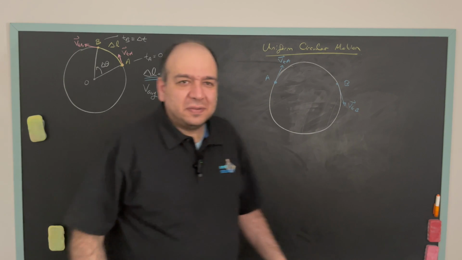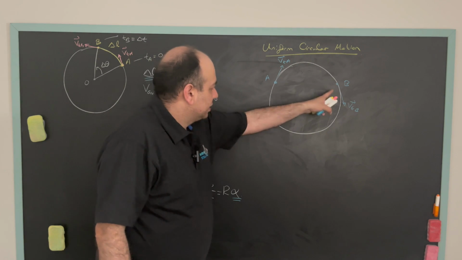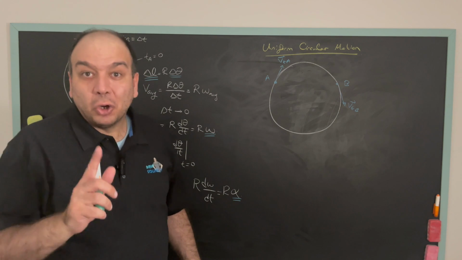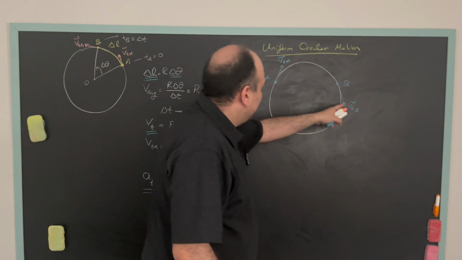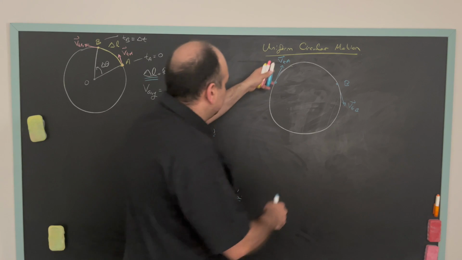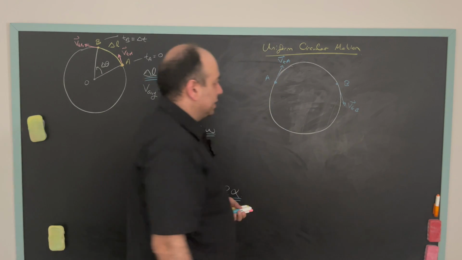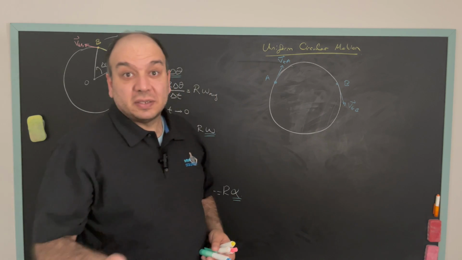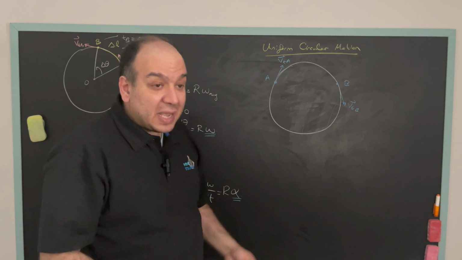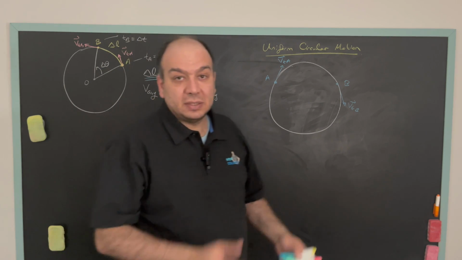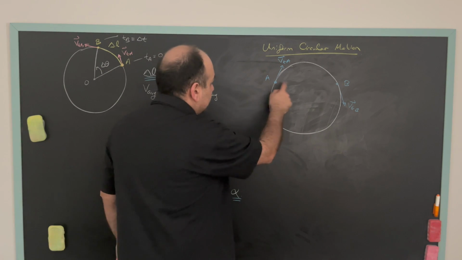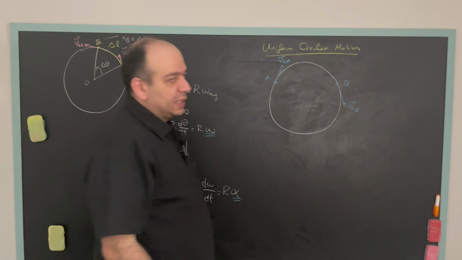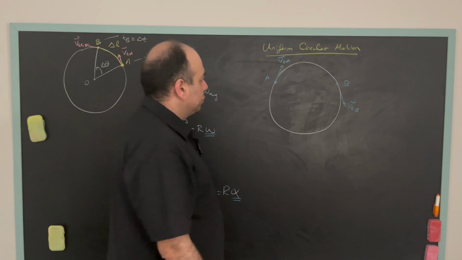Can we really have a circular motion with constant velocity? No. Even if they have the same magnitude, these two vectors are pointing in different directions. Velocity is a vector, so constant velocity should have the same magnitude and should point in the same direction at all times. Here these two velocities cannot be the same, even if their magnitudes are the same.